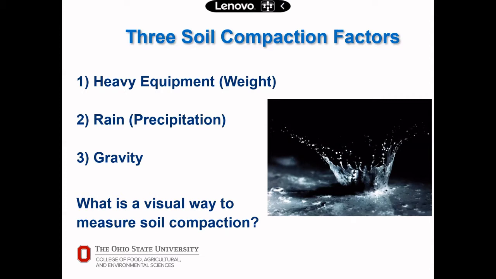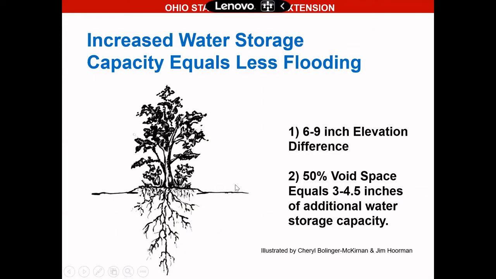When I was learning about this several years ago, working on a PhD, I was looking for a visual way to measure soil compaction. And I noticed something. I was coming home from school, looking at the fence rows, and there appeared to be an elevation difference.